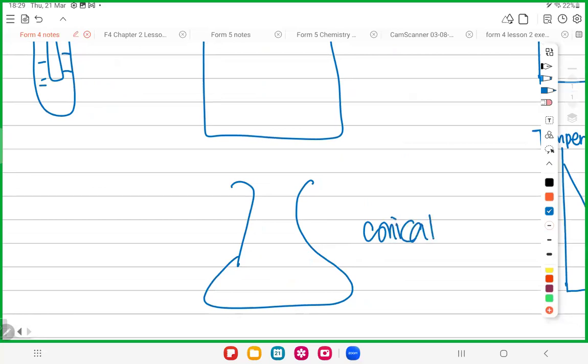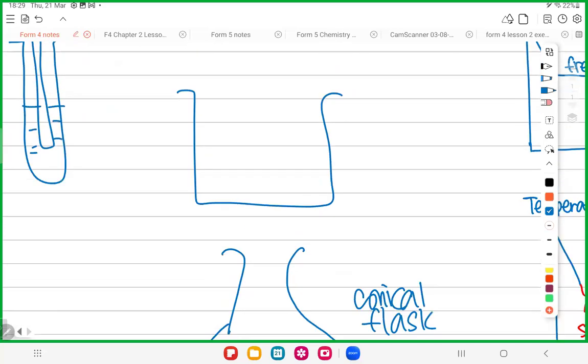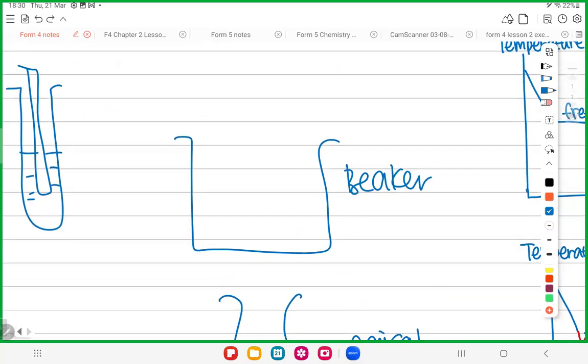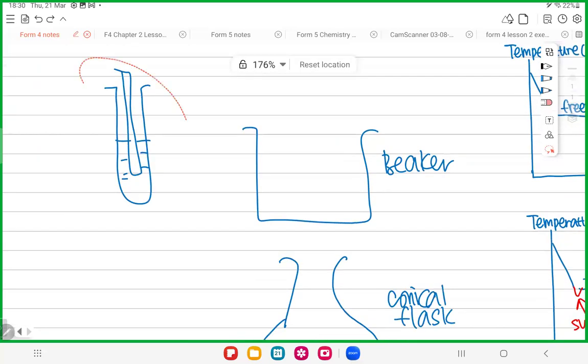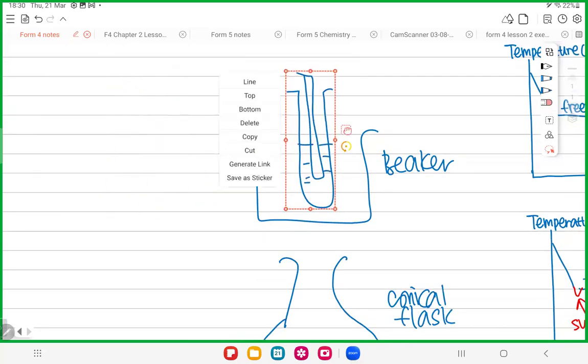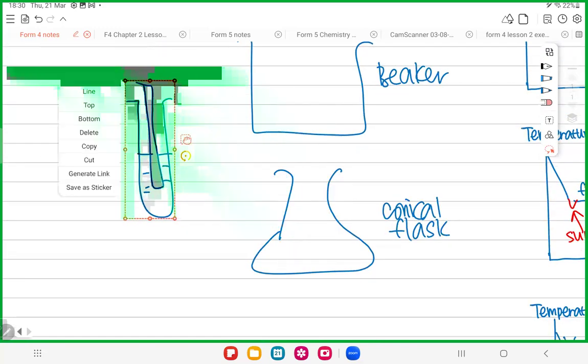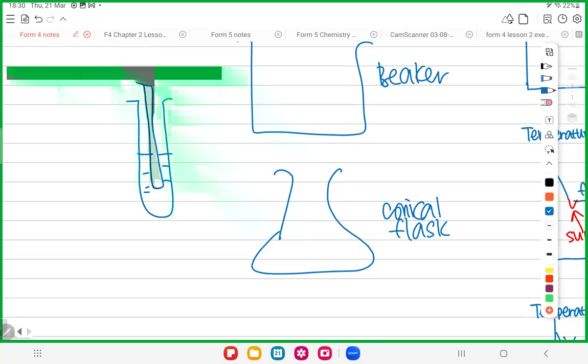This is a conical flask, and this is a beaker, and there's no liquid inside, it's totally empty. I'll tell you why later. You must put the tube inside a beaker or a conical flask. Why do we need to do that?